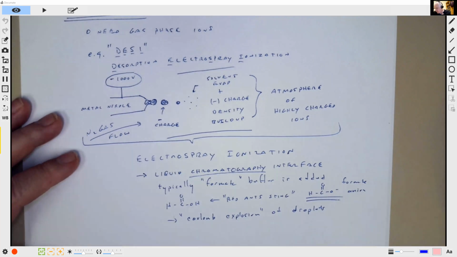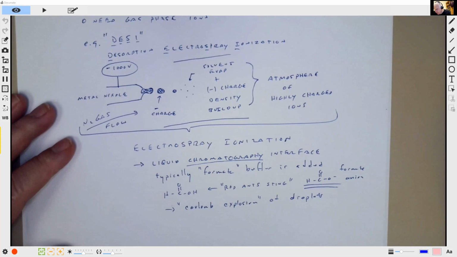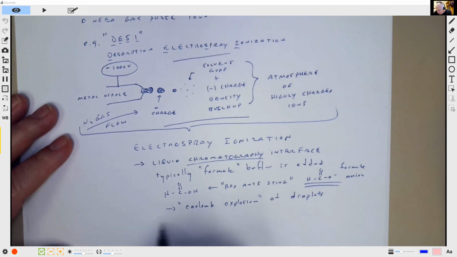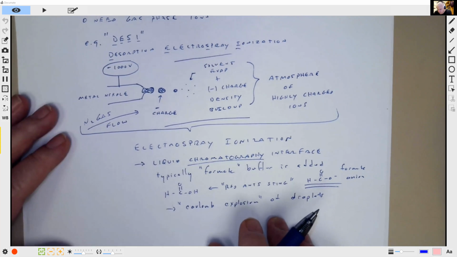And that's just a lovely way of getting ions into a mass spectrometer.